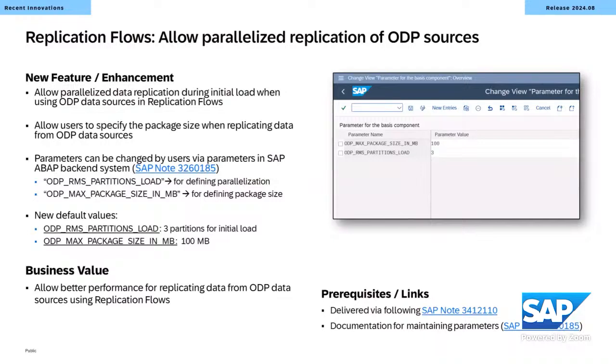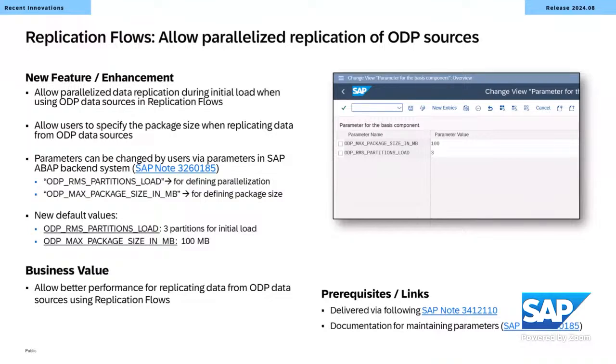If you implement the note, and there are also some subnotes related to that one, it's, as always, recommended by the colleagues who are working on it on a daily basis, to install all of the known SAP notes with our note analyzer to make sure all of the fixes and features are included. And if your system is up to date, there are two different parameters which are currently residing in the SAP backend, but we are also looking into the future of providing some of them even in the Datasphere UI. But this is the current state.